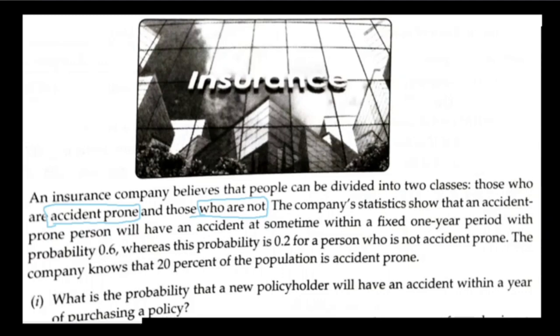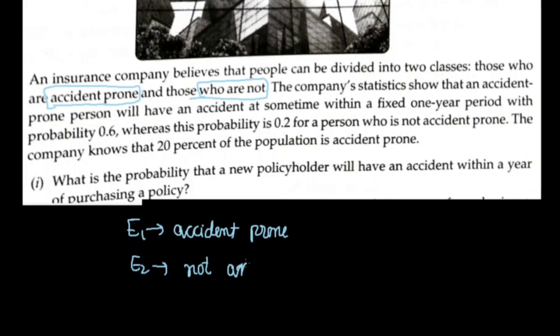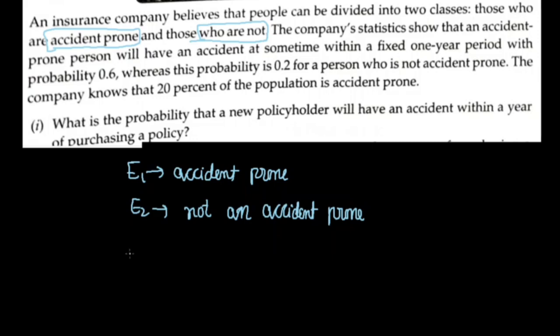So first we will write the given data. Let E1 be the event of people who are accident prone, and E2 the event of people who are not accident prone. Next, A is the event, a conditional probability. What is A here?